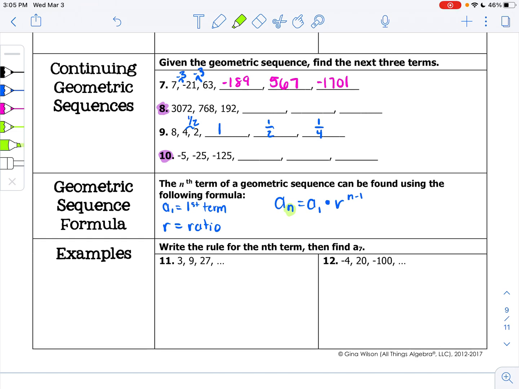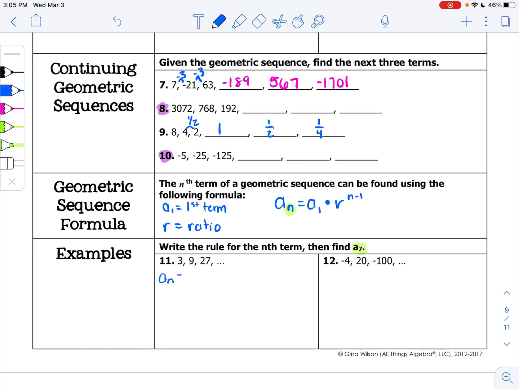So for example, with the next few we look at, it wants us to write the rule. So we're substituting it into the equation and finding the A sub 7. So we're finding the 7th term in the sequence. So looking at number 11, because we're working with geometric sequences, we're going to start by writing that rule.